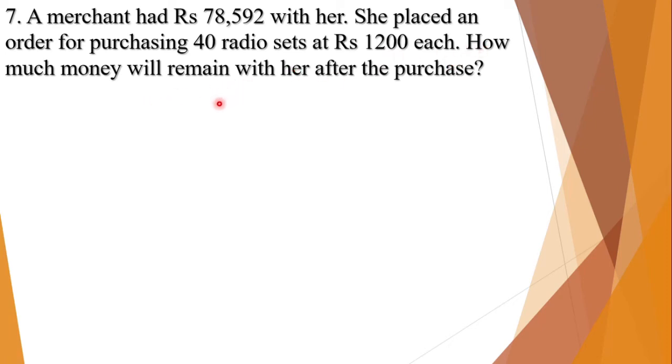Now they are asking how much money will remain with her after purchasing 40 radio sets. Now how to do the question? First she has this much rupees, and now the cost of one radio set is 1,200. Now if we find the cost of 40 radio sets, that cost we can subtract from 78,592. Then we will get our answer. So let's do it.